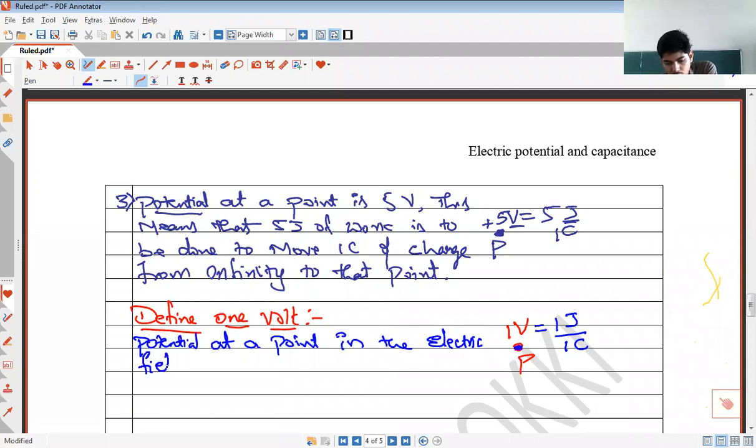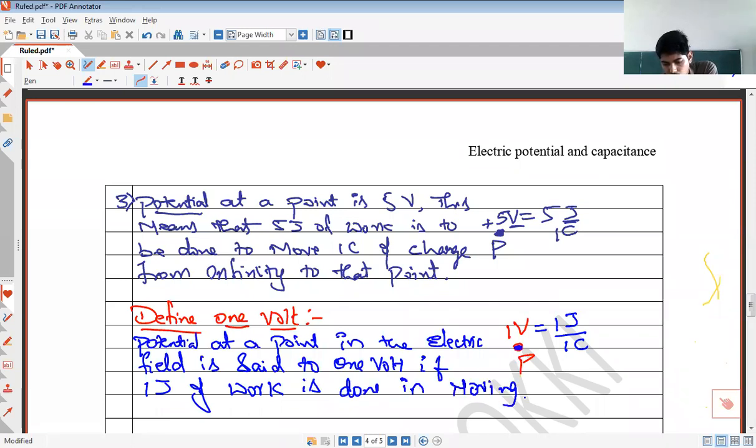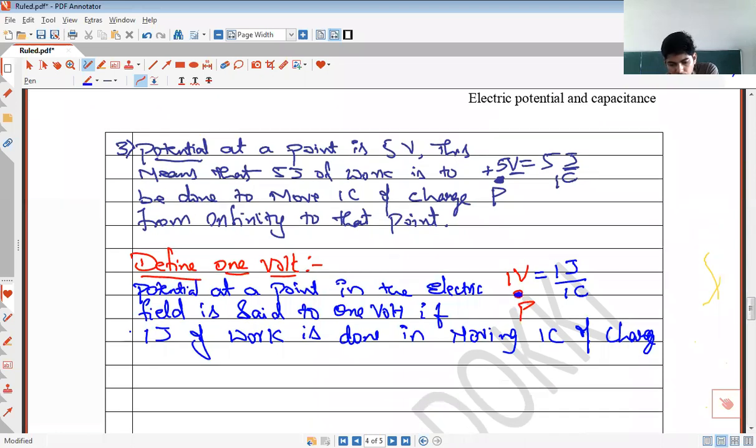Potential at a point in the electric field is said to be 1 volt if 1 joule of work is done in moving 1 coulomb of charge from infinity to that point.